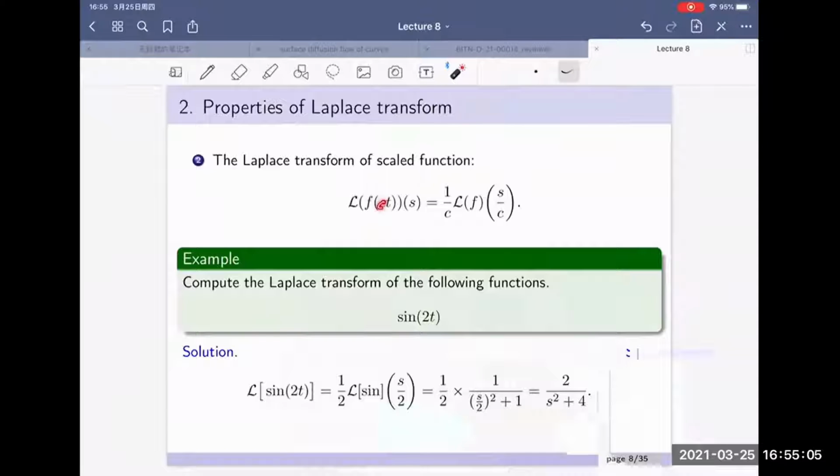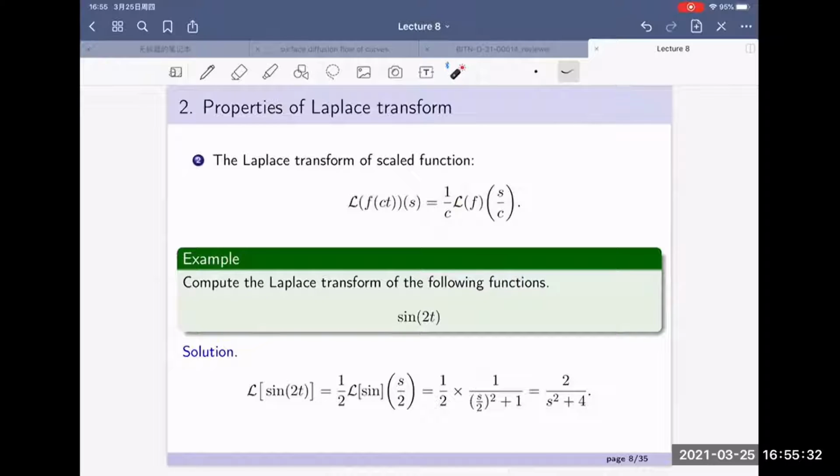If you have a c here, the Laplace transform of f of ct would be related to the Laplace transform of f in this way. You write down the Laplace transform of f, change the variable from s to s over c, and then divide by c.